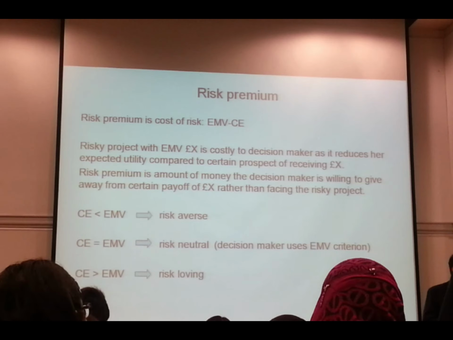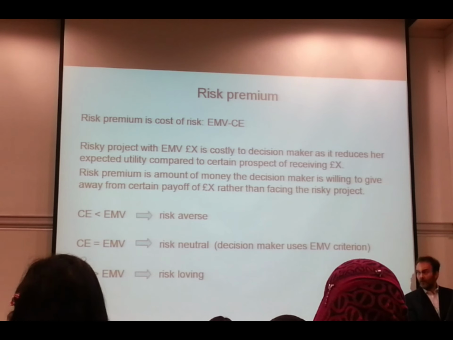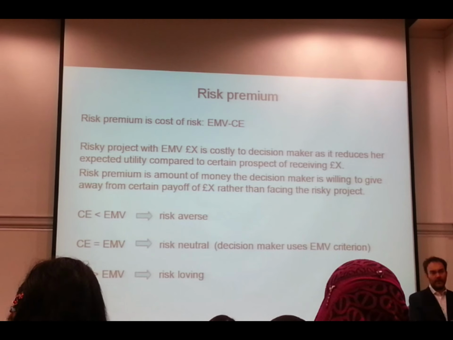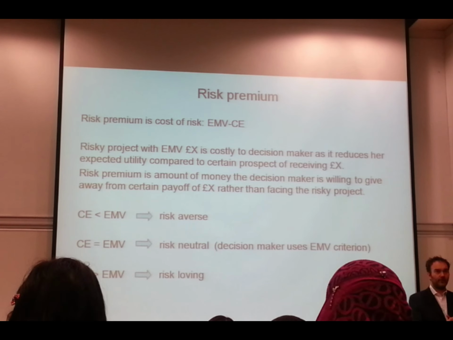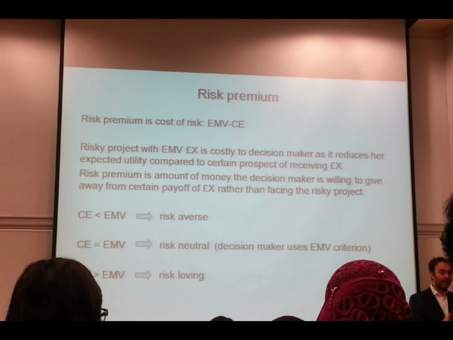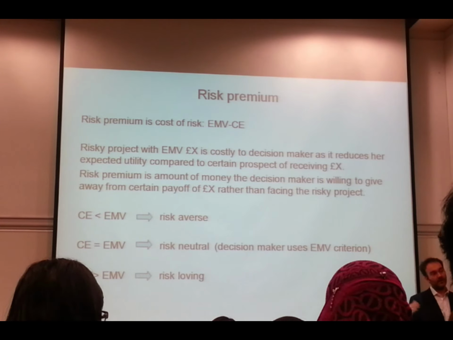Okay. So that means that if the certainty equivalent is less than the expected monetary value, you are risk averse. And of course, the larger the risk premium, the larger the difference between EMV and certainty equivalent, the more risk averse you are.